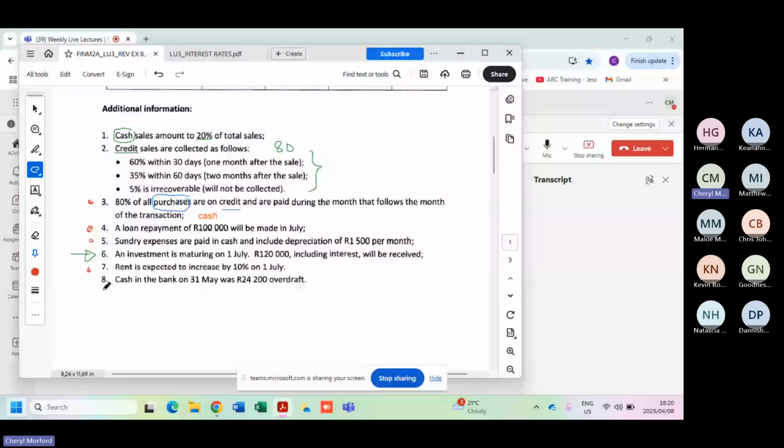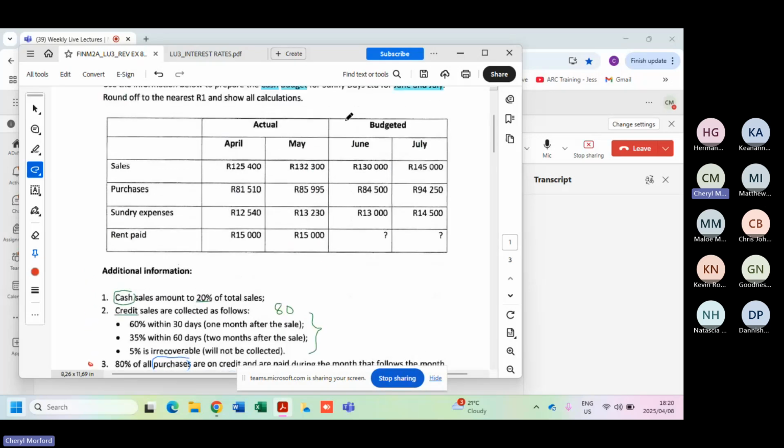So let's start, first of all, with the easy one, number 1, the cash sales. And the months that we're doing, remember, are only June and July. So this is a bit of a rewind to last week. Practice makes perfect, as we say. So we're going to find 20% of the sale in June, which is 130,000, that we will receive in June.